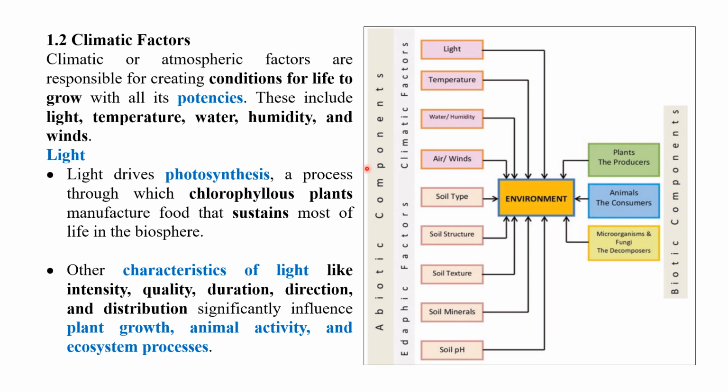Light has very important activities like photosynthesis, a process through which chlorophyll-bearing plants manufacture food that sustains most of life in the biosphere. Other characteristics of light, like intensity, quality, duration, direction and distribution of light, significantly influence plant growth, animal activity, and ecosystem.